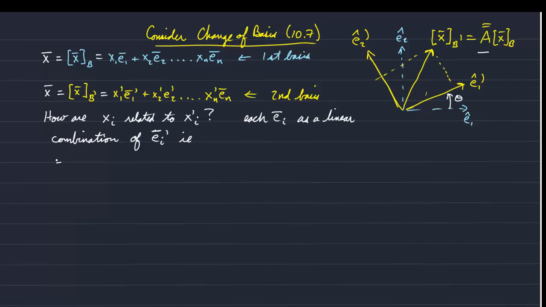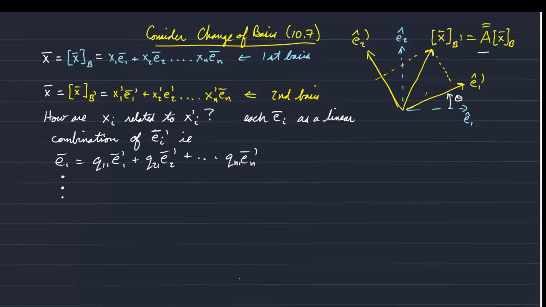In other words, e1 can be expressed as a coefficient Q11 times e1 prime plus another coefficient Q21 times e2 prime, all the way out to QN1 times eN prime.